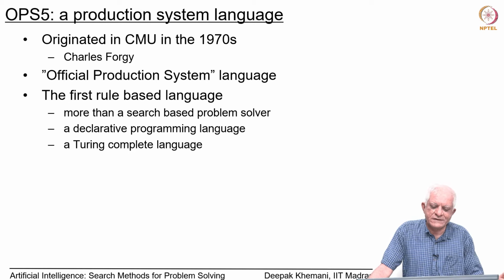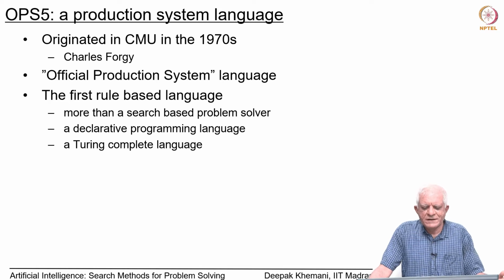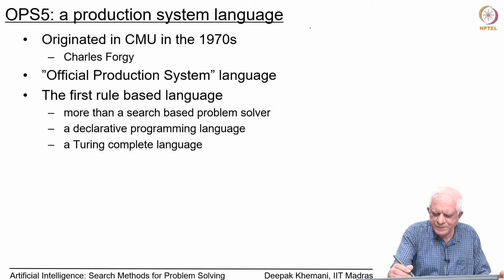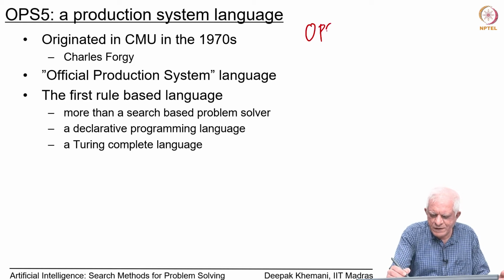OPS5 was the version which they started with. In fact, when I was a student, I looked at programming in OPS5 myself, and by the time I was graduating, the new version called OPS83 had come.